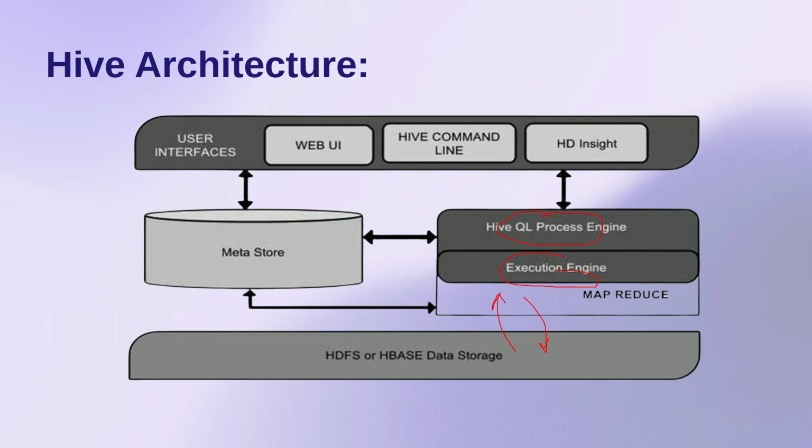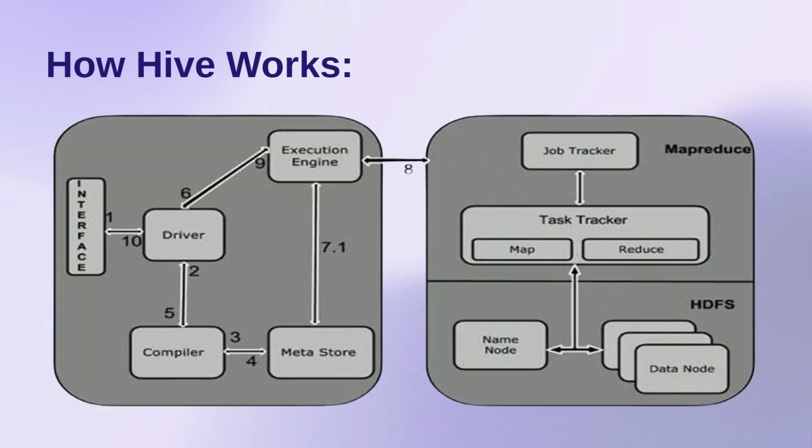Moving forward to the working of Hive. The working of Hive basically goes in this format. First, the user interacts with the interface and gives a command to the driver. The driver, maybe through JDBC or ODBC, will send the queries to the compiler.